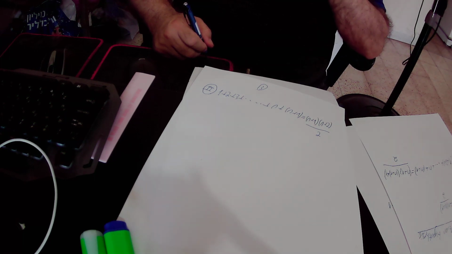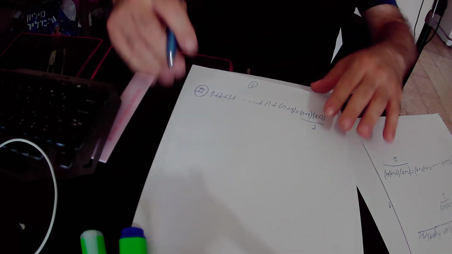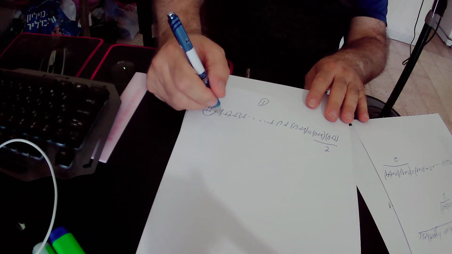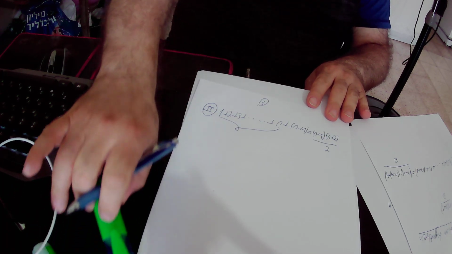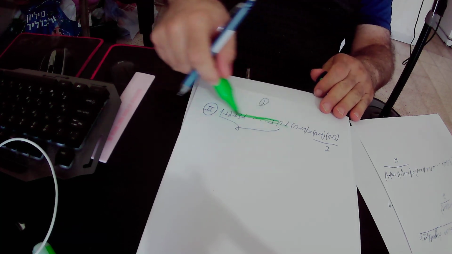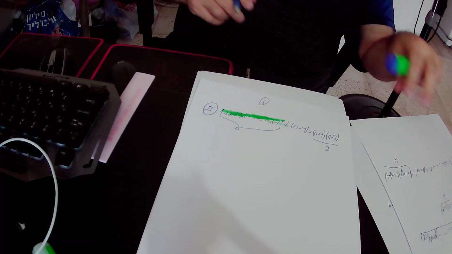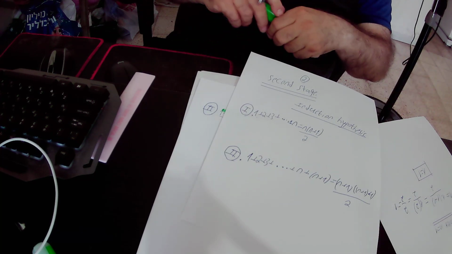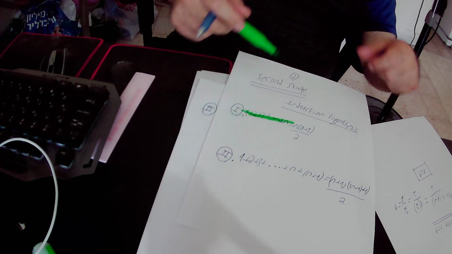Okay, so in order to prove that expression 2 is true, we actually should look in this expression. It is 1 plus 2 plus 3 plus ... plus n. And actually it is exactly the same expression as we have in the induction hypothesis, 1 plus 2 plus 3 plus ... plus n.